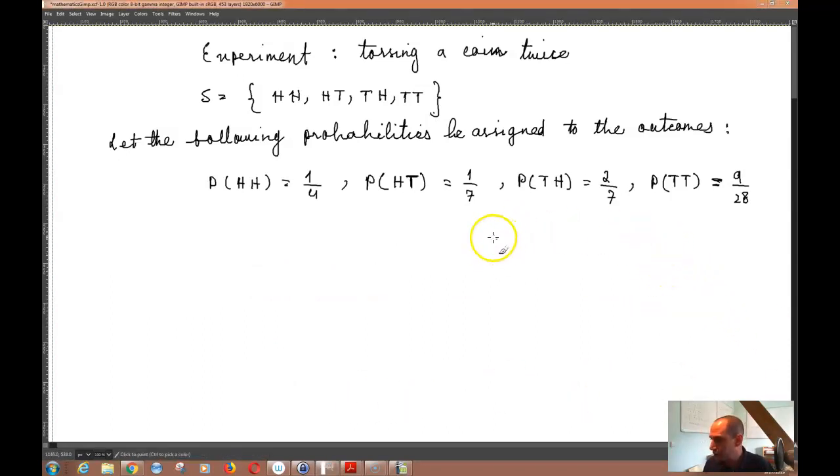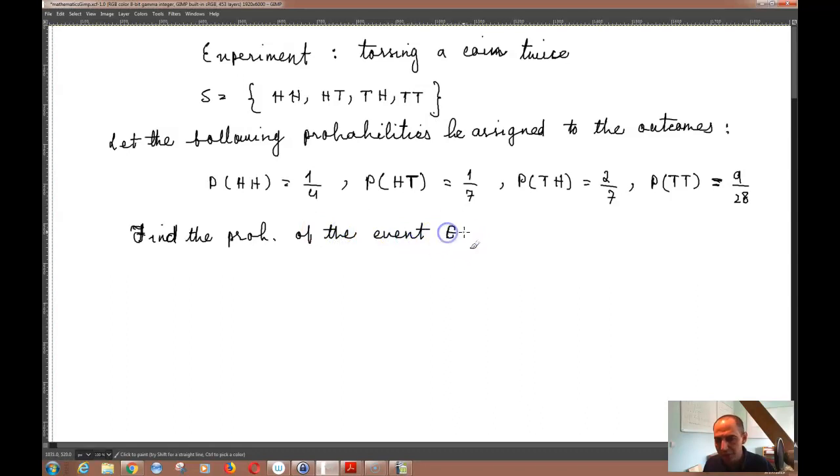So, for example, you want to find the probability of the event E, which is, for example, both the tosses yield the same result.